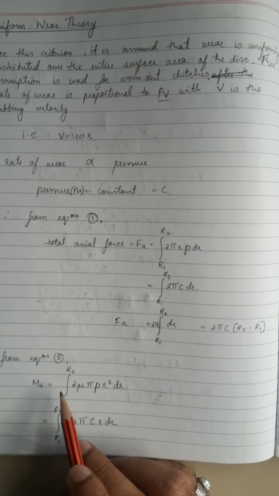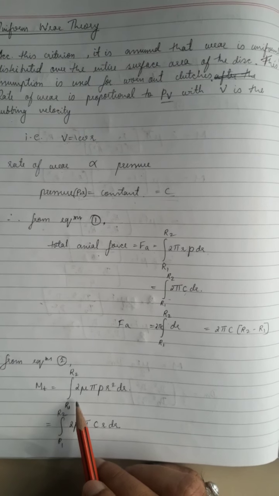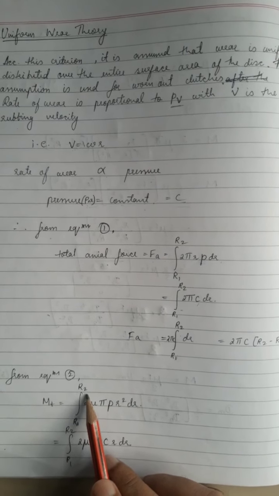Next, from equation number 2, this is the torque equation. Torque is equal to the integration of 2 mu into pi into pressure P into r square dr with limits r1 to r2.